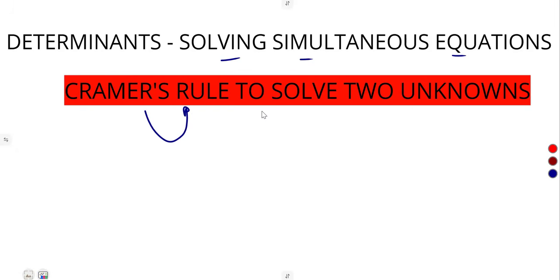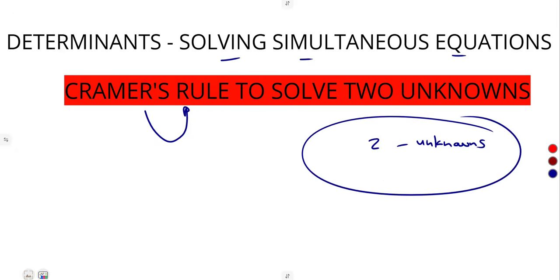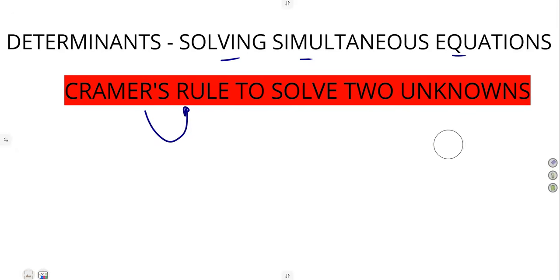So we know that with simultaneous equations, we can have two unknowns, or we can have three unknowns, according to your syllabus. In this class we are going to consider two unknowns, and how to apply Cramer's rule to solve for those two unknowns.